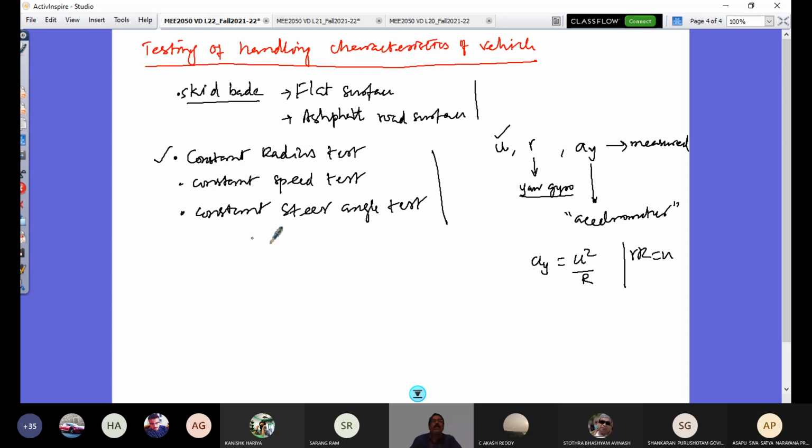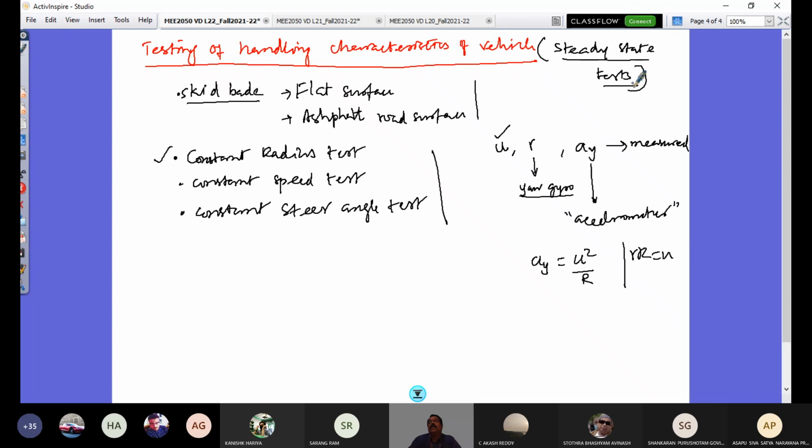So what are these three tests? These three tests are conducted with steady state motion. These are steady state tests. That's very important, right?